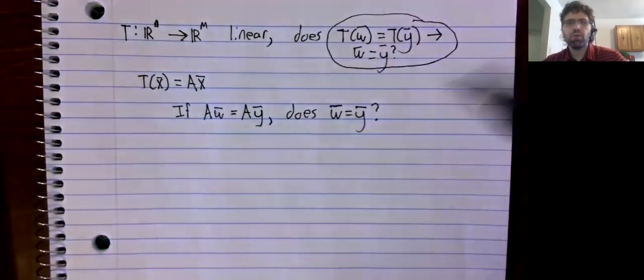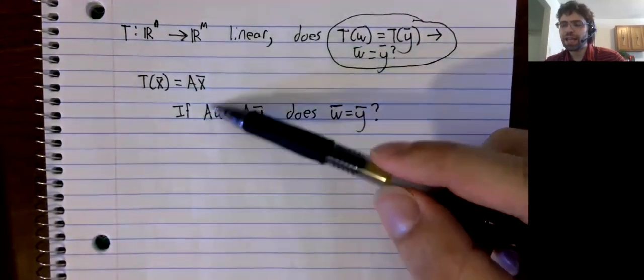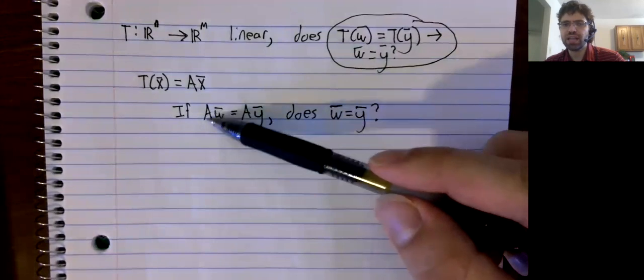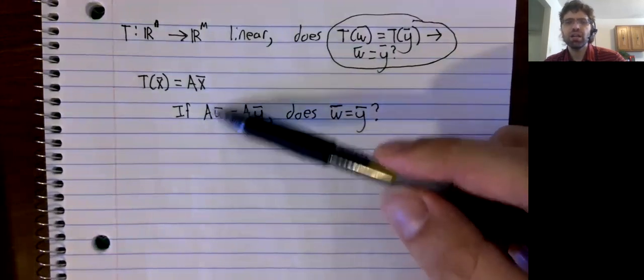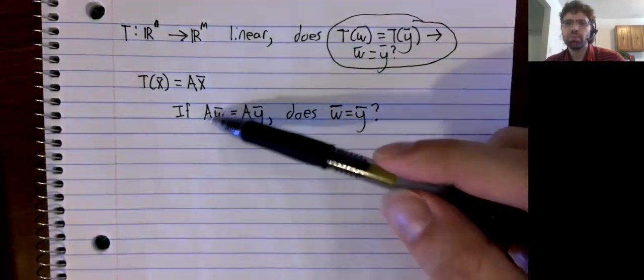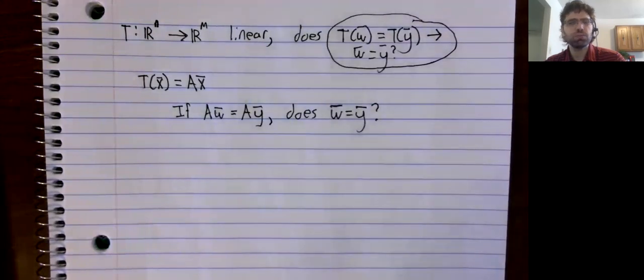Be careful, you cannot cancel these A's. We don't have a division operation that would let you cancel. So the answer isn't necessarily obvious.